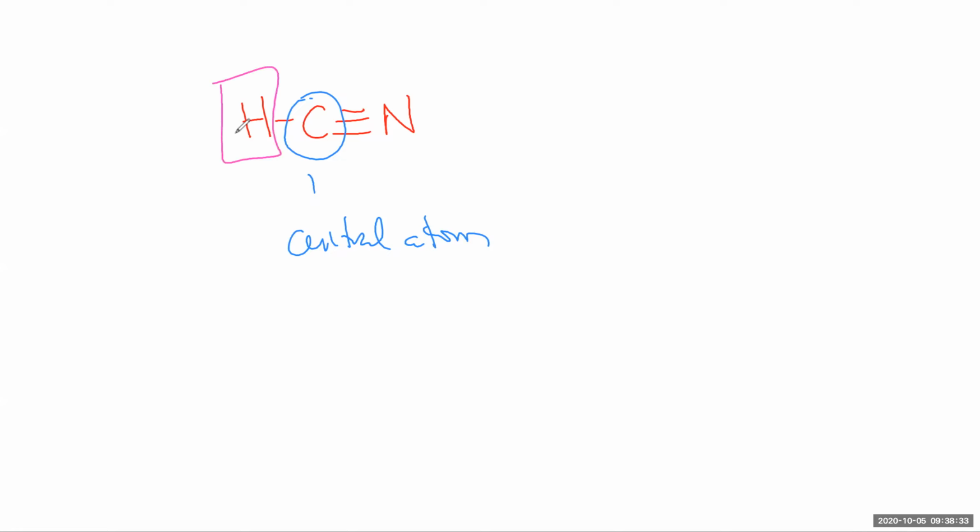So if I showed you this molecule, and I asked you, A, what's the central atom? Carbon would be my central atom because it's in the middle of the molecule. How many things are attached to that central atom? Well, I have one thing: hydrogen is attached to it, and I have nitrogen attached to it.